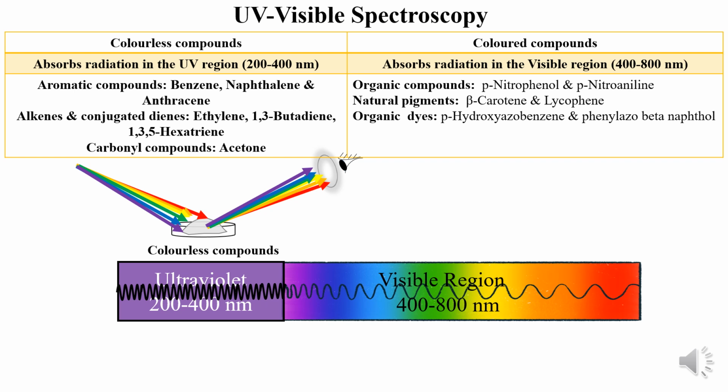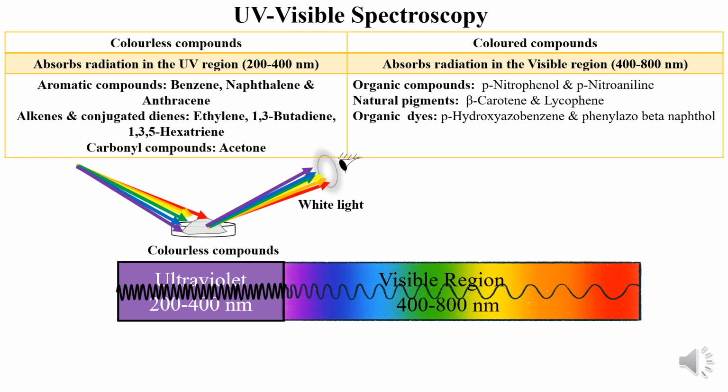Because remember, white light is composed of a spectrum of colors. So when the unabsorbed radiation strikes the retina of the human eye, it is perceived as white light or white color as seen by the observer. So this is about colorless compounds.